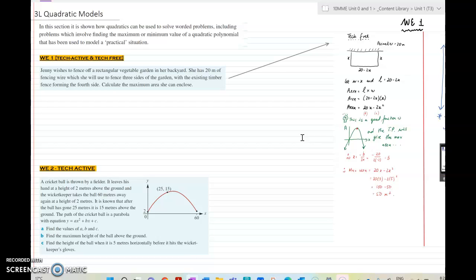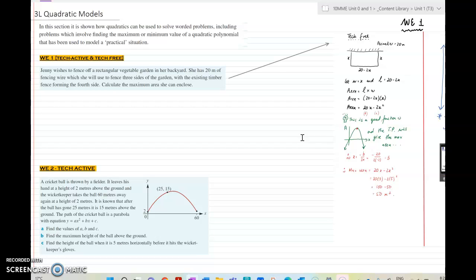It says, in this section it is shown how quadratics can be used to solve worded problems, including problems which involve finding the maximum or minimum value of a quadratic polynomial that has been used to model a practical situation.